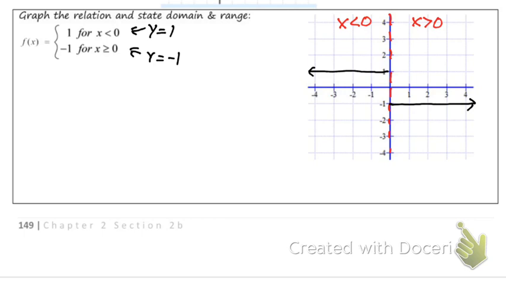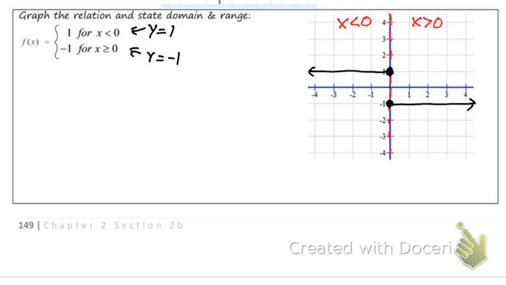In order for this to be a function, only one of these can exist on this vertical line. If both of them have a point here, so if I have a point here, it would fail the vertical line test. That would no longer be a function. So one of these needs to be an open dot. We're going to know which one's the open dot because one has an equal to sign and one does not have an equal to sign.